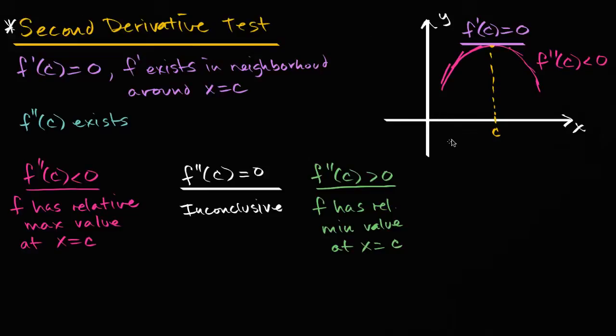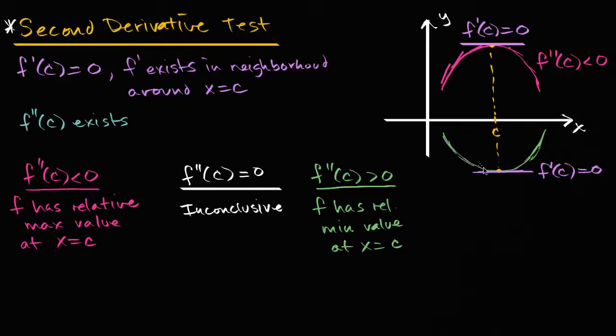And we could go the other way. If we are at a local minimum point at x equals c, or relative minimum point, our first derivative should still be equal to 0, because the slope of a tangent line right over there is still 0. So f prime of c is equal to 0. But in this second situation, we are concave upwards.